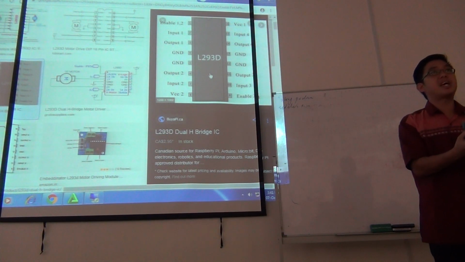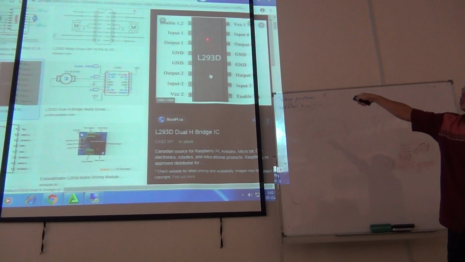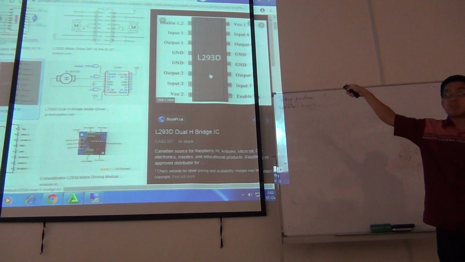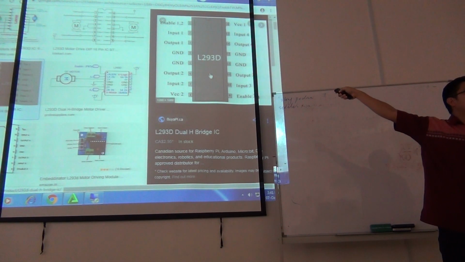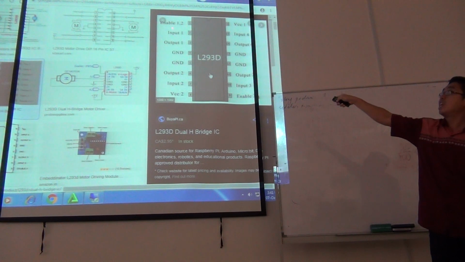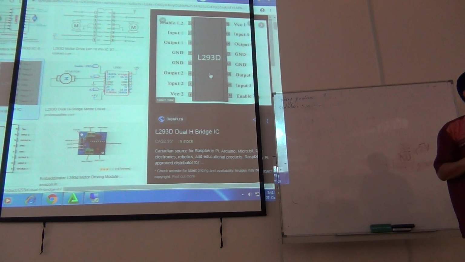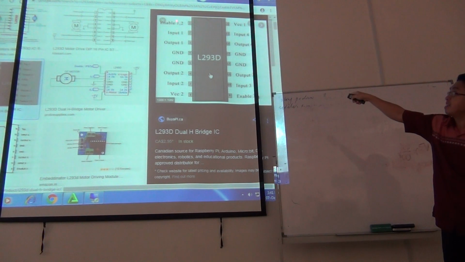So you have to understand the data sheet first. For L293D, you look here first. The first pin is for receiving the CCP pin signal, which is to receive the PWM signal. Enable 1, 2 means that the PWM will control the speed for one motor with 2 inputs, which is input 1 and input 2.